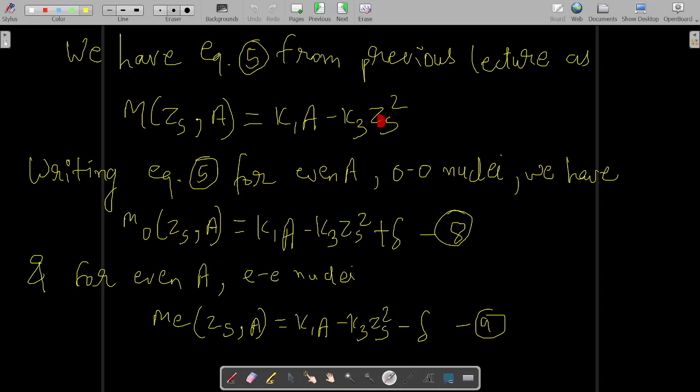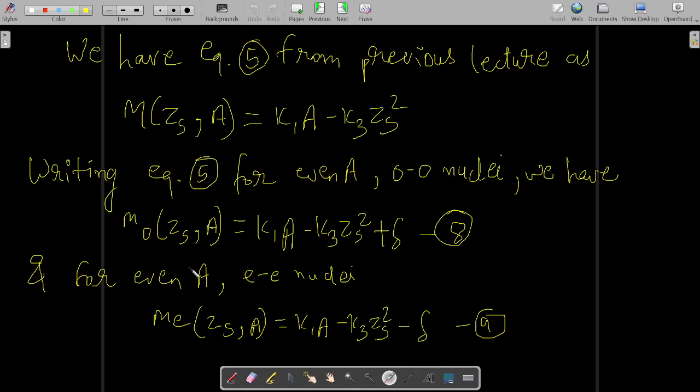Now let us write this for odd-odd nuclei. Odd-odd nuclei have higher mass, so mass defect is lower. In this expression, for odd-odd nuclei, delta will be added.